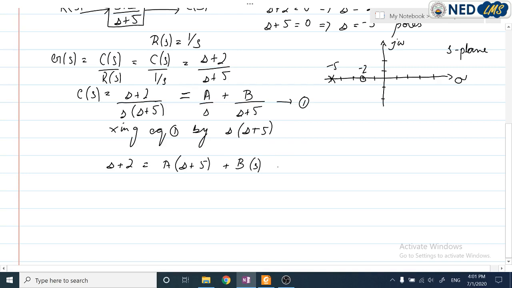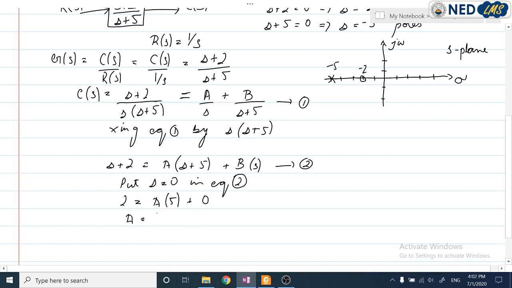So I am calling this equation number 2. Now I first put s equal to 0 in this term to find the value of A. So this s will be 0, and here also s will be 0, and this whole term becomes 0.